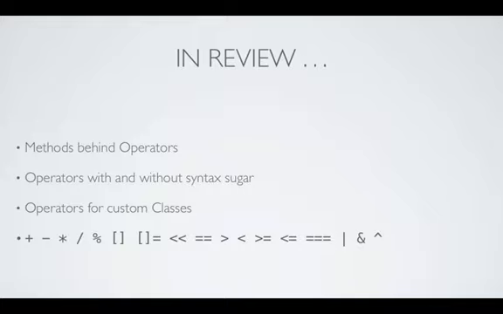What I have down here at the bottom is a list of all the operators that are defined as a class in Ruby. You can see at the beginning we have the arithmetic operators, plus, minus, multiplication, division, modulus. We talked about square bracket equals. The double less than sign has a couple different names, but basically it does the same thing as push in arrays, and I believe in strings it does the same thing as plus equals.